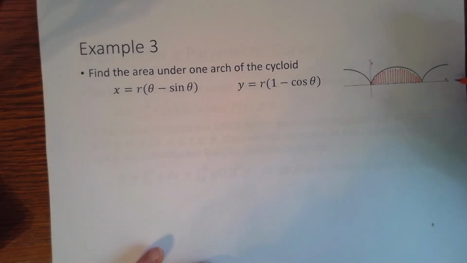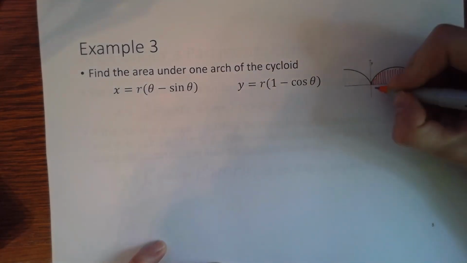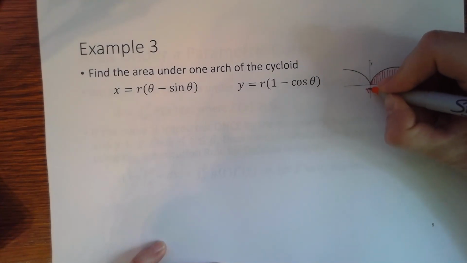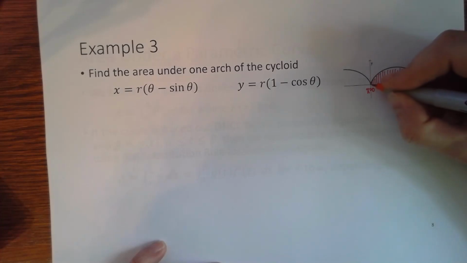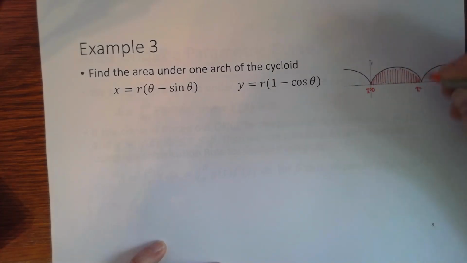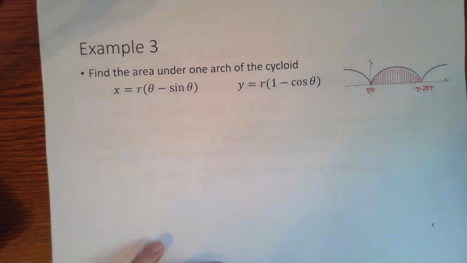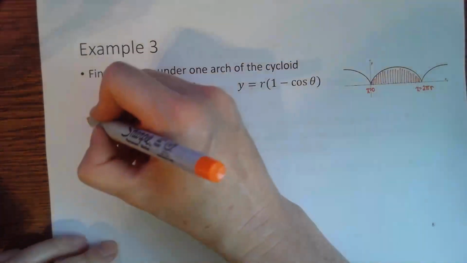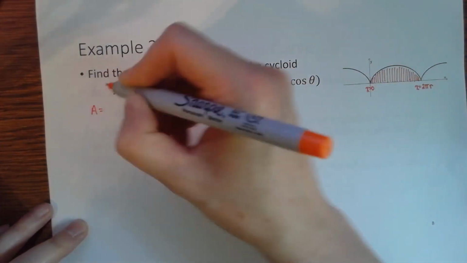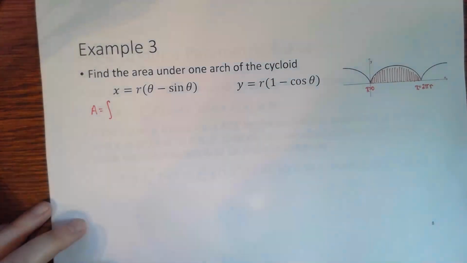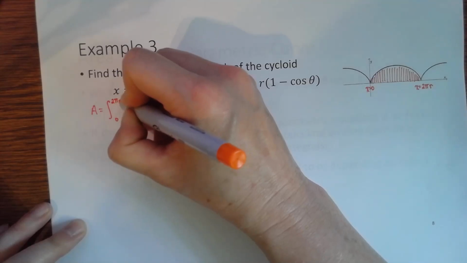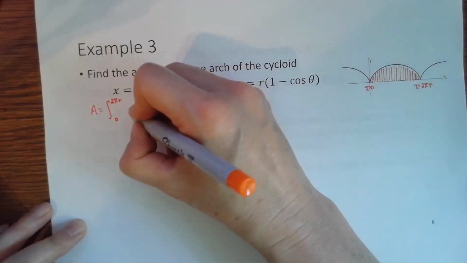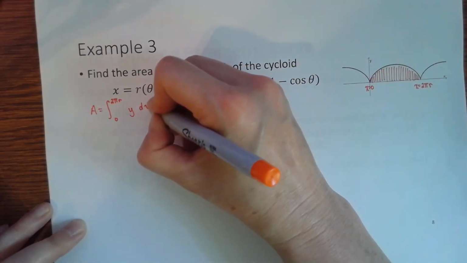If we're looking at this point right here, the x value would be 0, and here the x value, we know that it has gone the entire circumference, so this would be 2 pi r. So if we were doing the area under the curve, we would do the integral from 0 to 2 pi r of y dx.